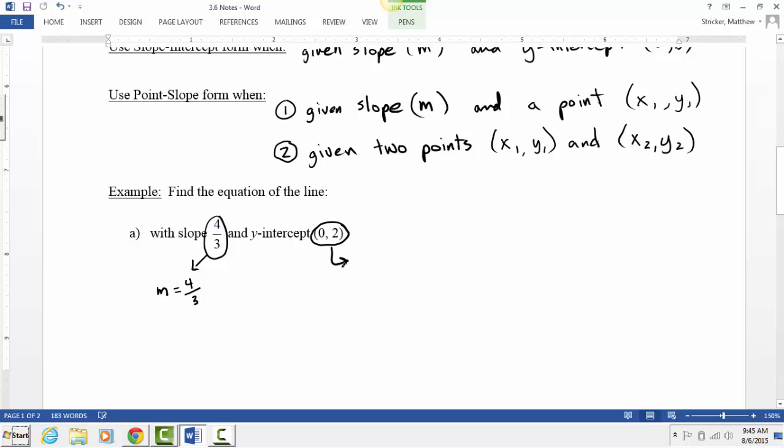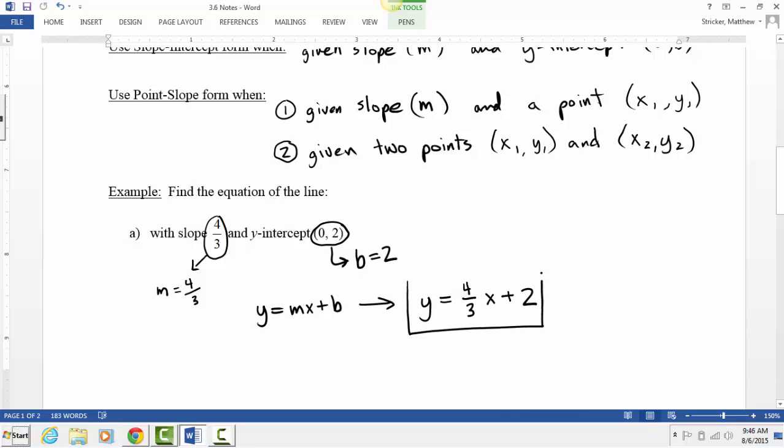This information tells us what? It tells us that b is equal to 2.